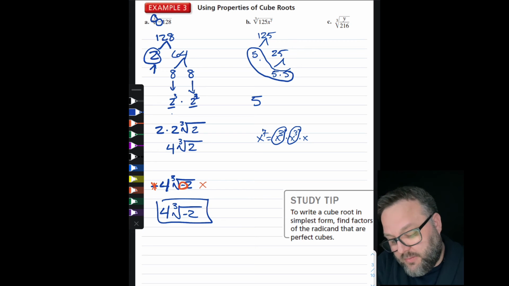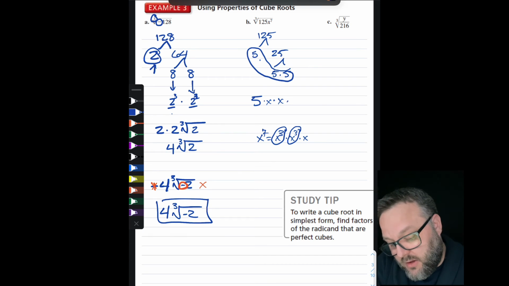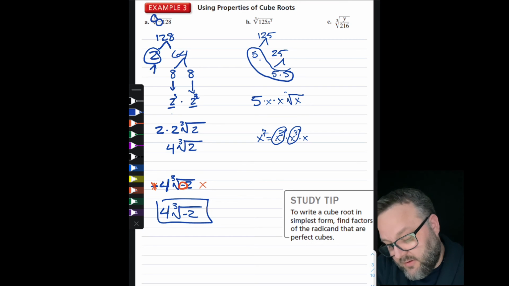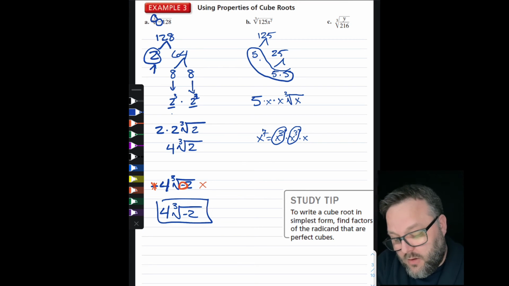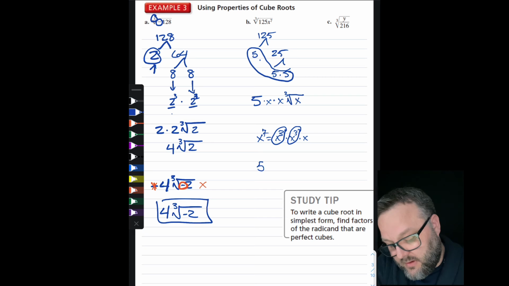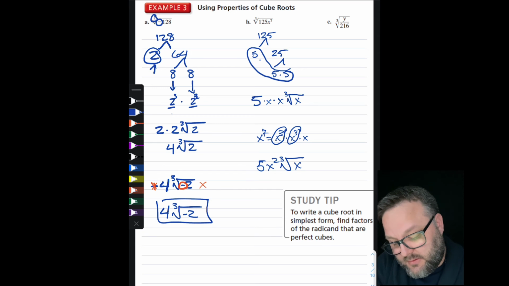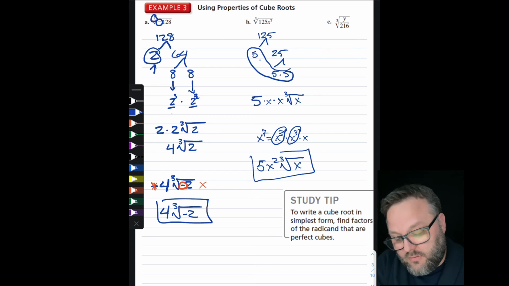So I'm going to take 2 of those out, and then I'm keeping one x inside of my cube root. Well, 5 times x squared is 5x squared times the cube root of x. And that would be my final answer.